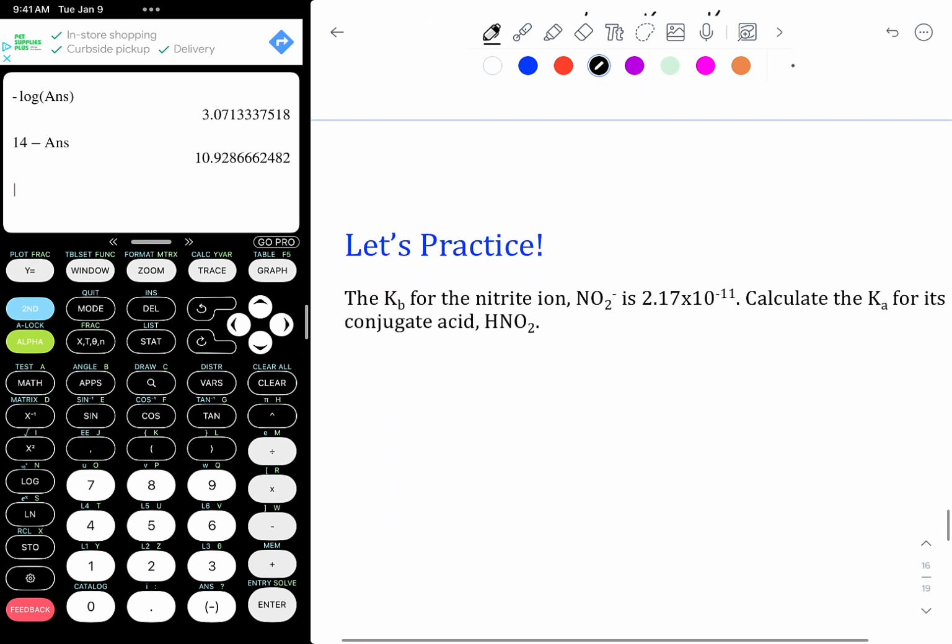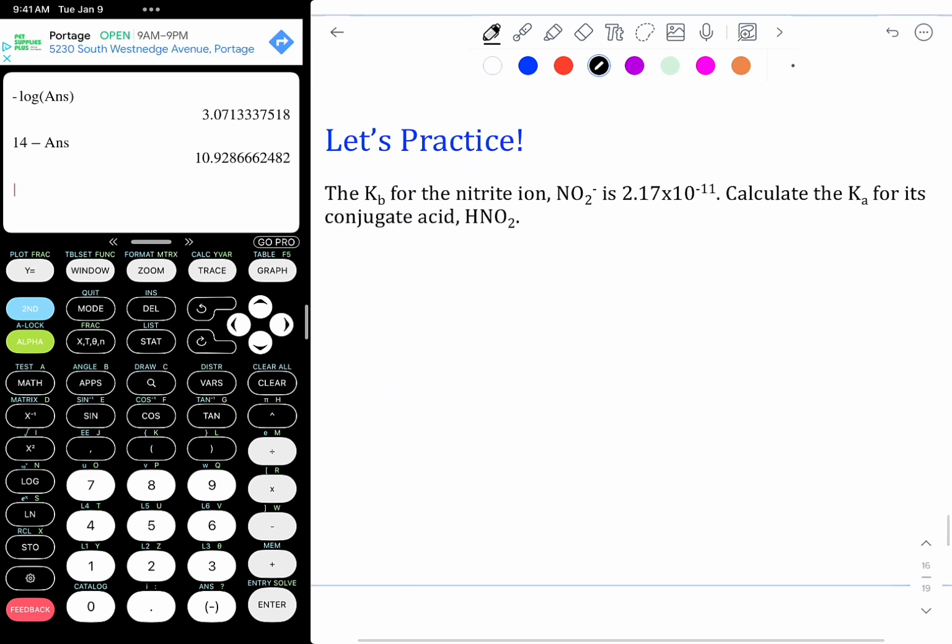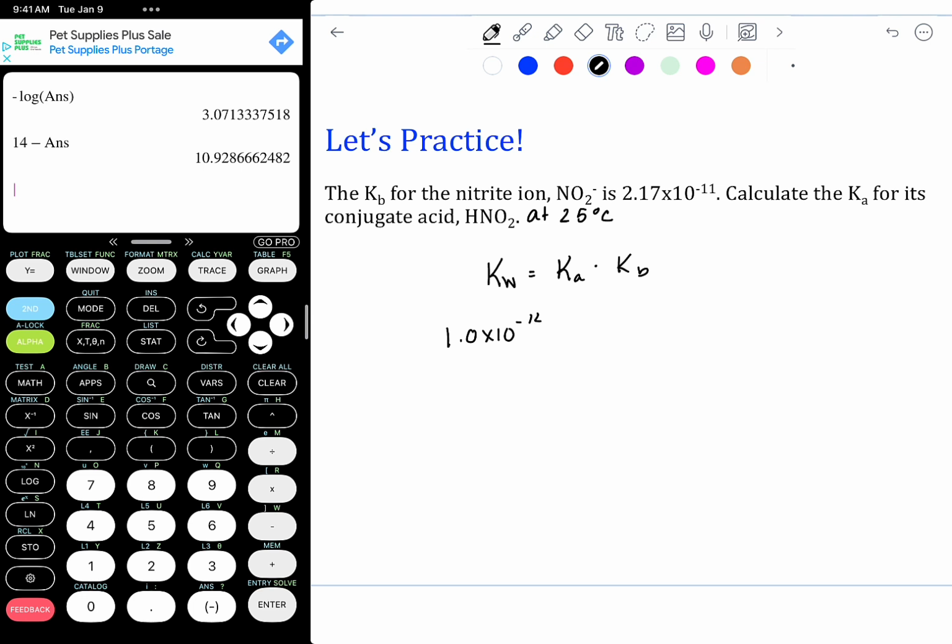So let's practice that. The Kb for a nitrite ion, NO2 minus, is 2.17 times 10 to the minus 11. Calculate the Ka for this conjugate acid, and let's say that this is at 25 degrees Celsius, because then we know our Kw. So again, Kw is equal to Ka times Kb. Here we know Kw is 1.0 times 10 to the minus 14.